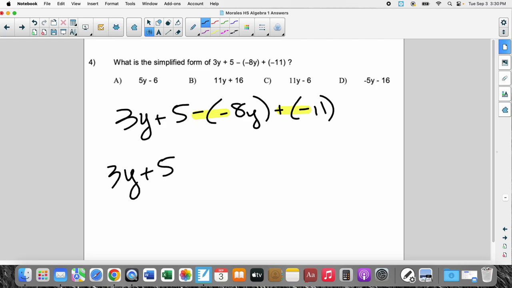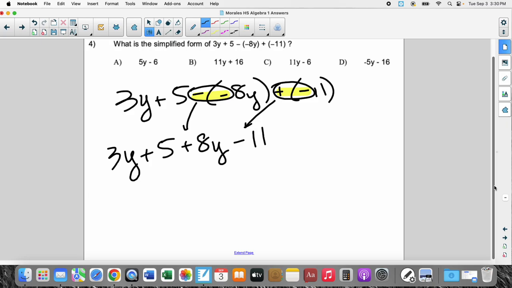The opposite of -8y is positive 8y, and the positive -11 is still -11. Positive negative, make a negative, negative negative, make a positive. All we're doing is substituting those values. Instead of writing 2, we write one of them.